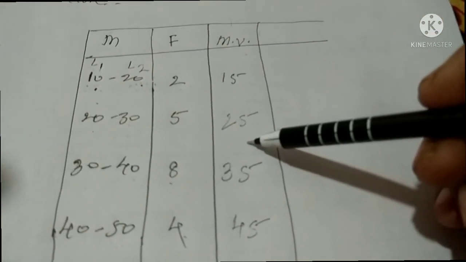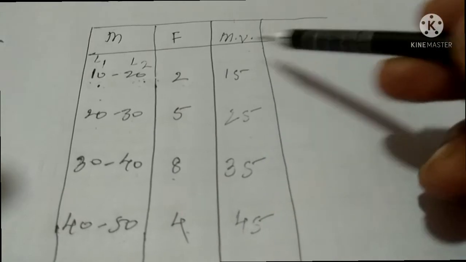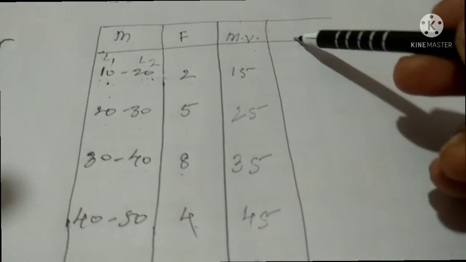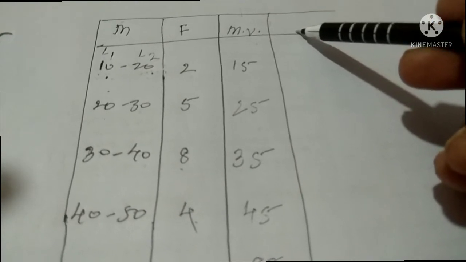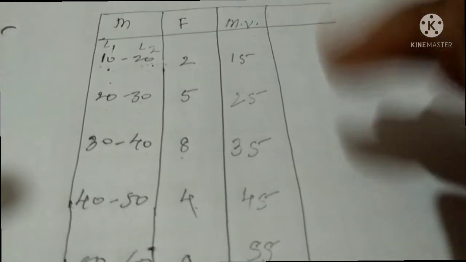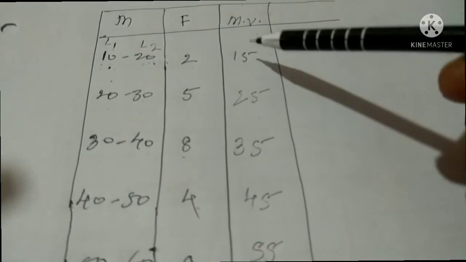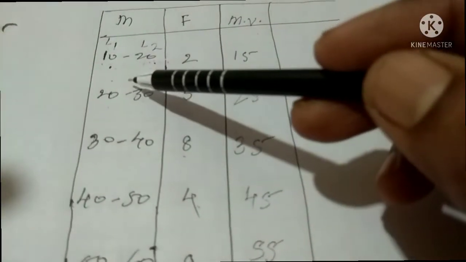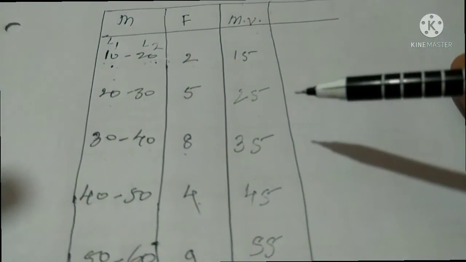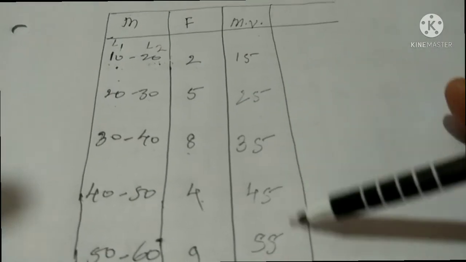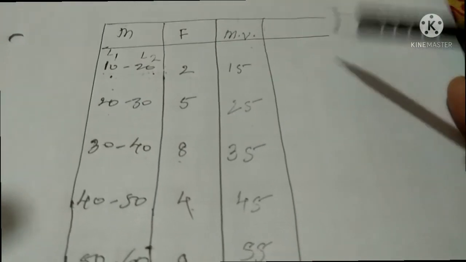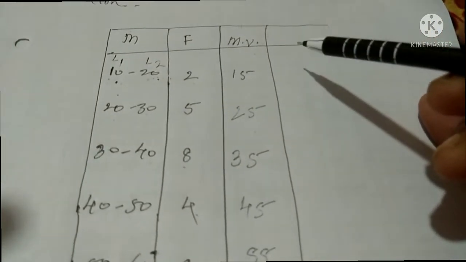After that, beside the MV values, you have to make the DX series. Now in this example, the only change is that we have to make the MV series from the M series. From this series, we can treat it just like the discrete series.